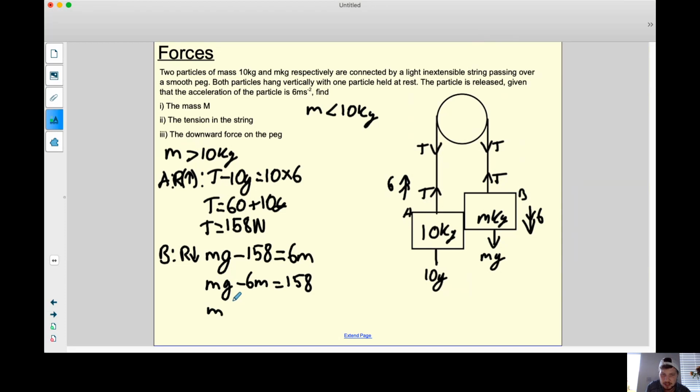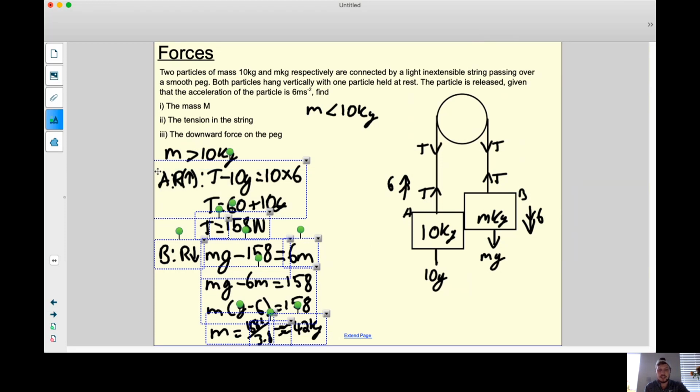Factorising for m gives m lots of g minus 6 equals 158. So my mass would be 158 divided by g minus 6, which is 9.8 take away 6, which is 3.8. So 158 divided by 3.8 is 41.57 and so on, approximately 42 kilograms. That would be for if my system had a mass greater than 10.